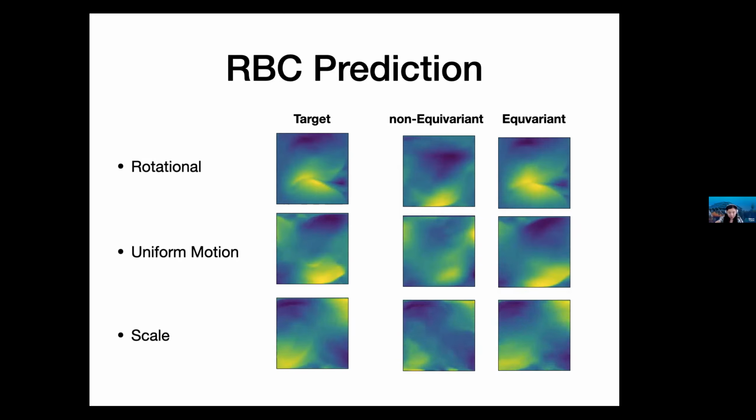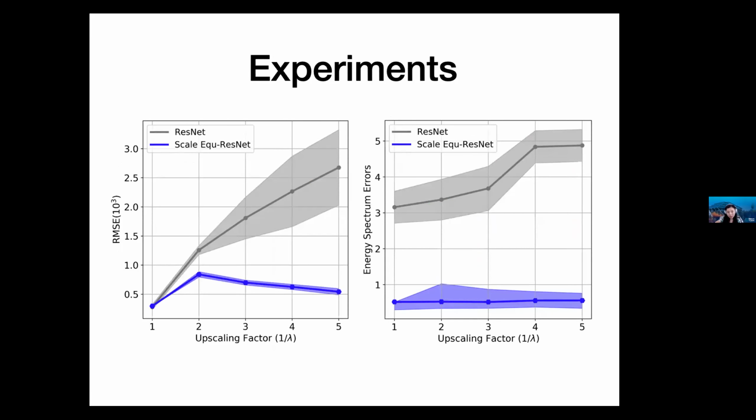Similarly for scaling, when we apply this to a real-world data set of ocean current forecasting, where we take the previous velocity fields and try to forecast the future velocity field of ocean currents, what we see is that if we look at the ResNet, which is a non-equivariant deep learning model for forecasting velocity fields, when we upscale the test data by different coefficients, the error explodes.